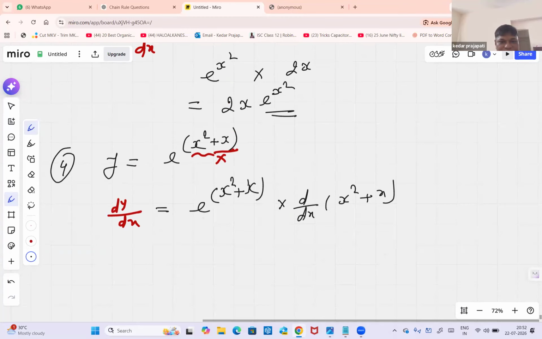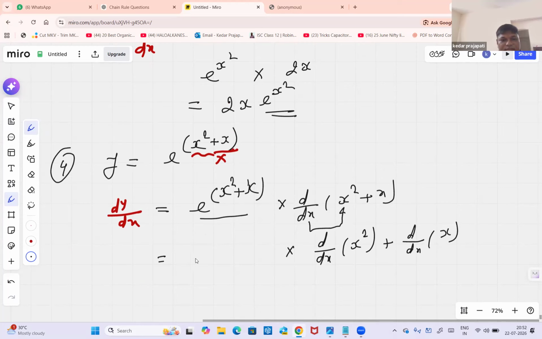Now this is already simplified, no need of doing this. We just need to copy. Now d by dx of every term will be going now: d by dx of x square plus d by dx of x.